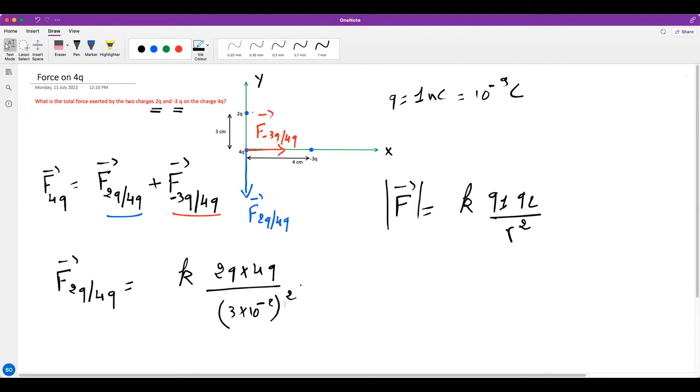As we can see, this force is going downward, which means it has a minus sign along the y-axis.